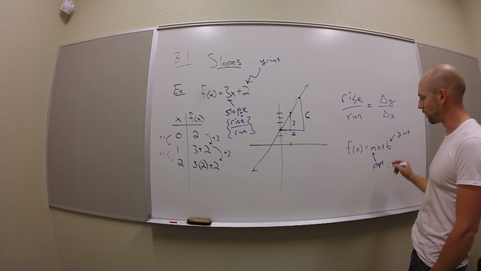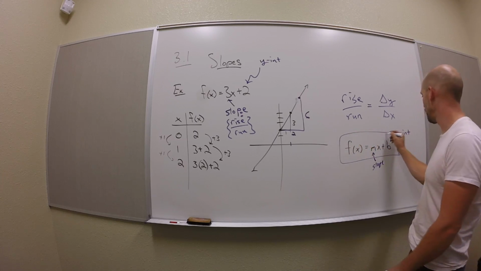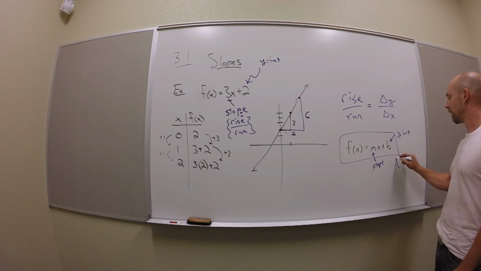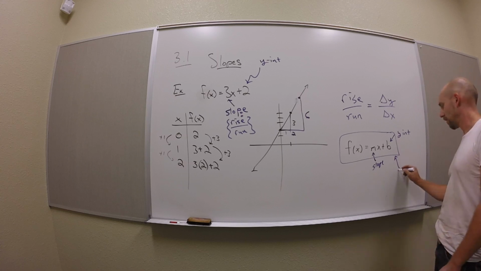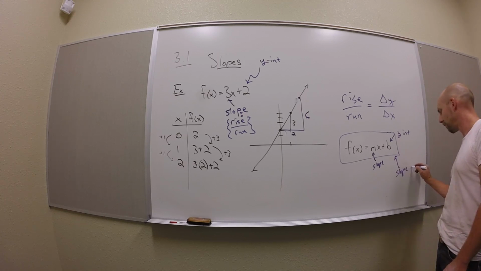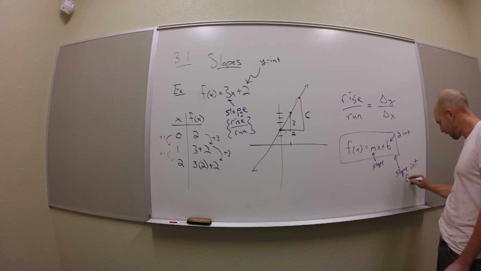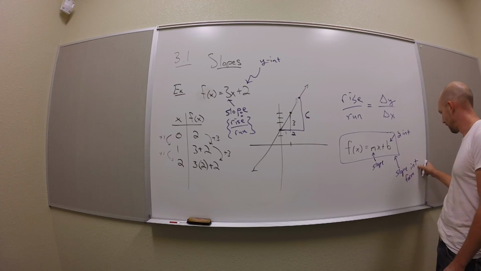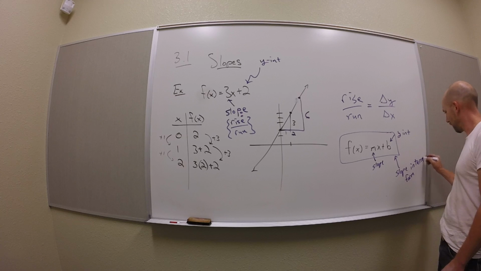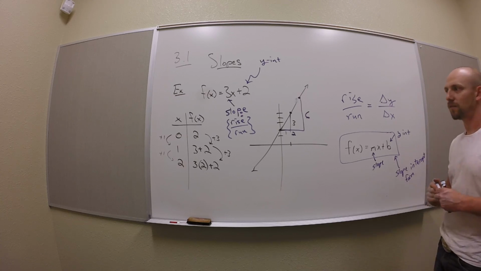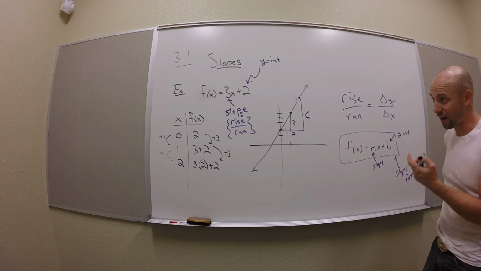So it should come as no surprise that this whole form right here is called slope-intercept form. Cool. So this is what I want you to know about lines for right now.